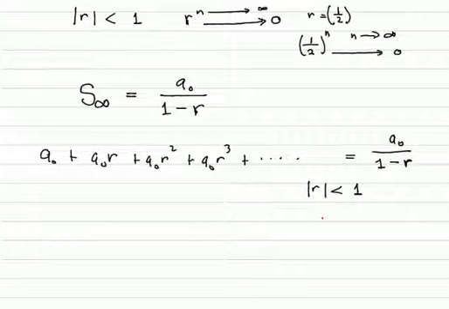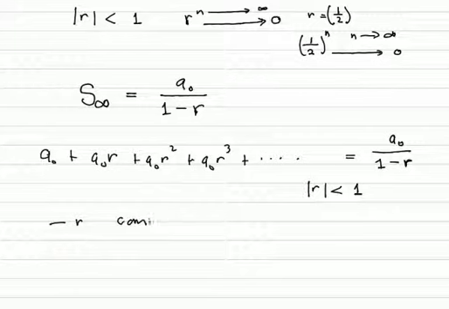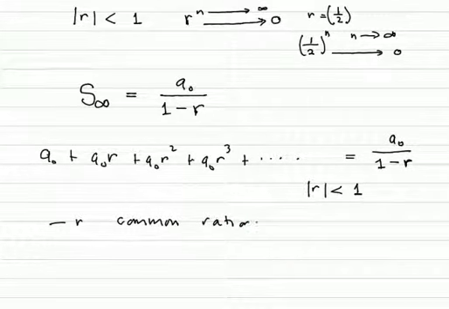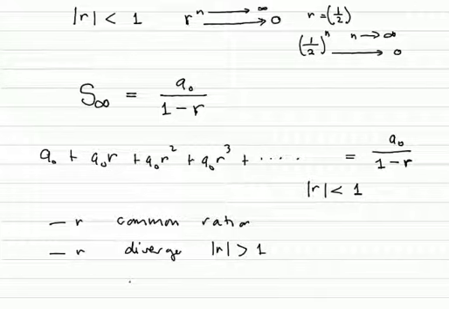To highlight a few important facts, you must notice that the geometric series is characterized by a common ratio r, and that common ratio will make it diverge when the absolute value of r is greater than 1, and it will converge when the absolute value of r is less than 1. And the sum of the geometric series is given by the expression we've arrived at here.